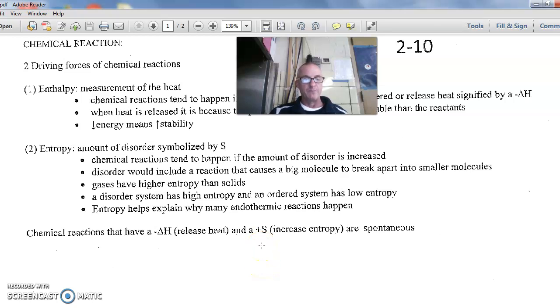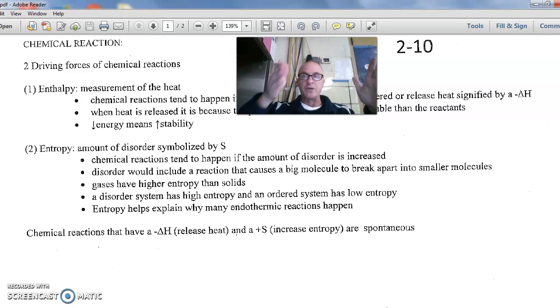Entropy is disorder. Now, in our universe, chemical reactions tend to happen when disorder is increased. What do we mean by disorder? How can a chemical reaction result in disorder? Well, let's say we start with the reactant that is very ordered.